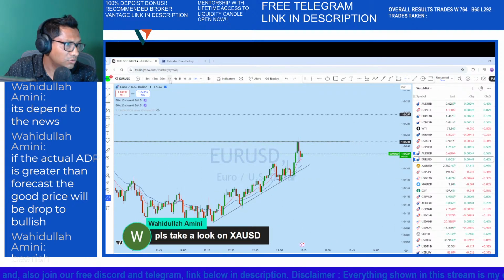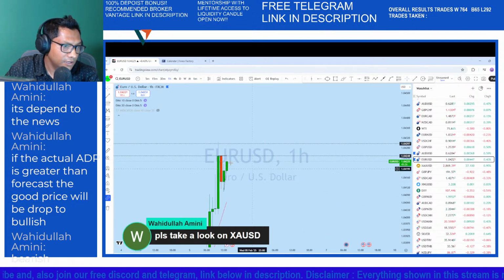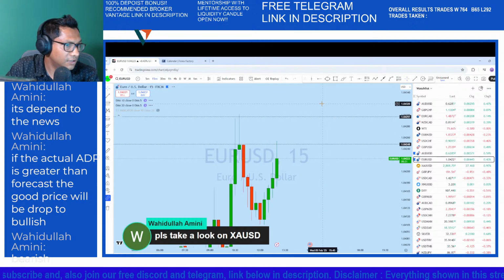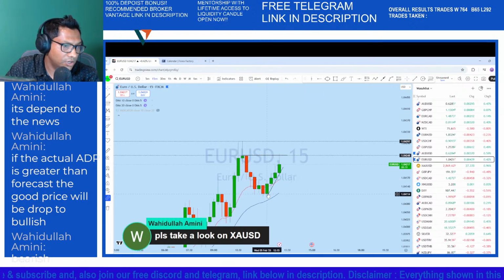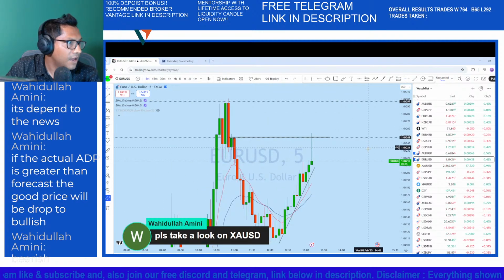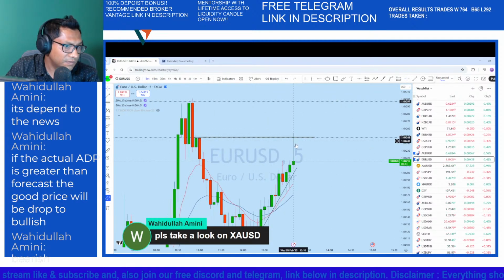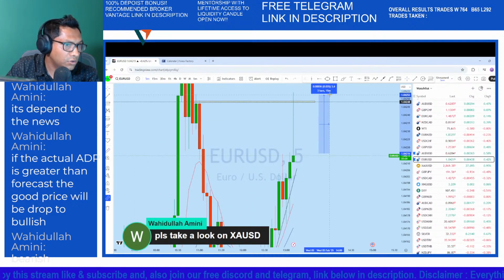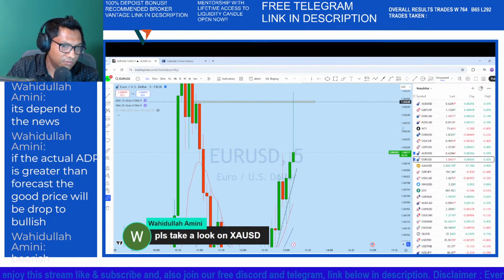Looking at the euro dollar, you can see that the market is in a trend. Okay, now euro dollar from the 5 minutes after this bounce has dropped back to the support level, lower time frame support. It's very small.